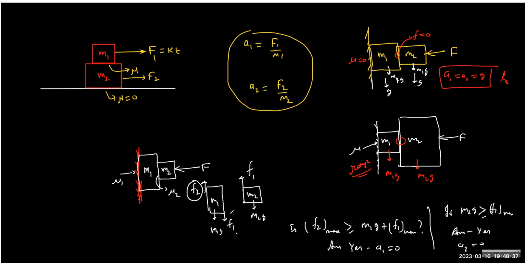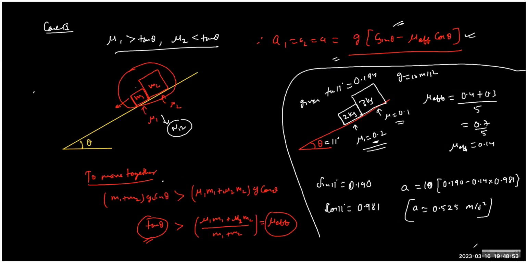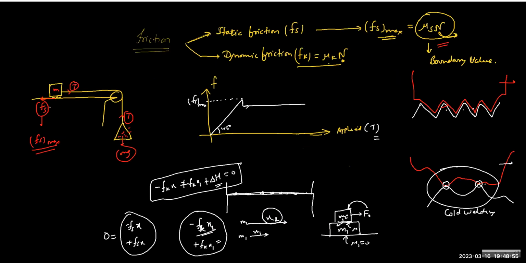Do you realize what I'm just discussing here? Yes, sir. Okay, so I'll come back to this problem. If you remember the graph of friction, the kinetic friction can only be seen when you have already crossed the limiting friction, isn't it?